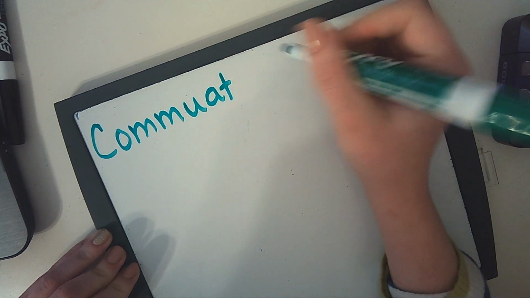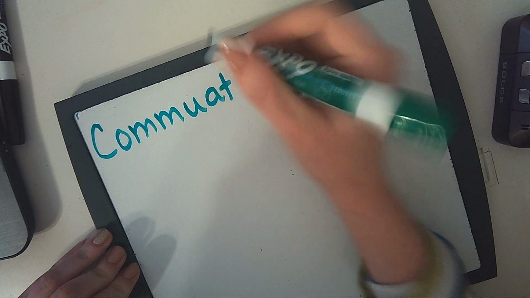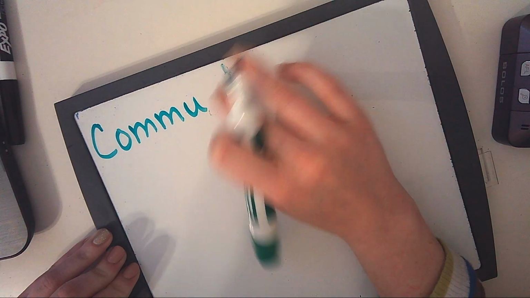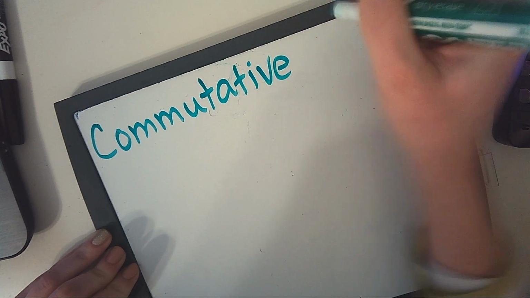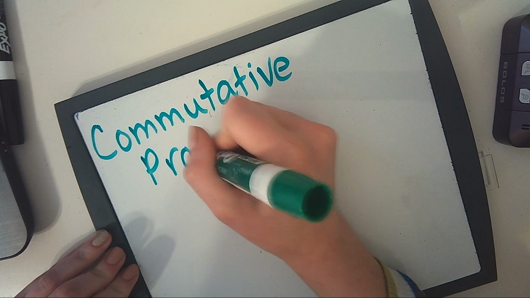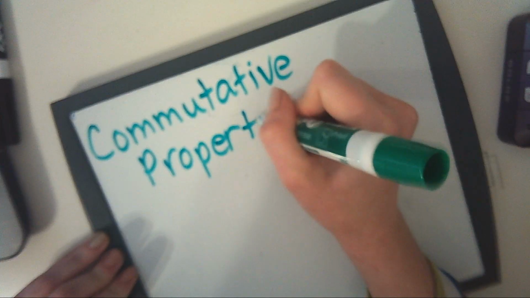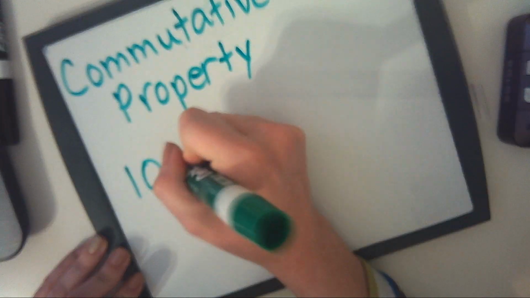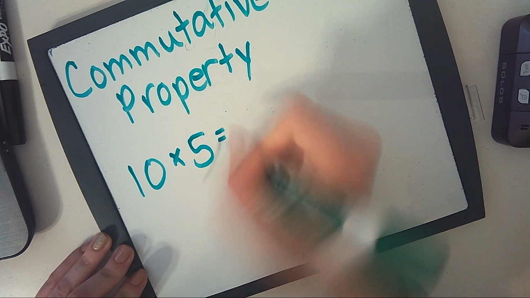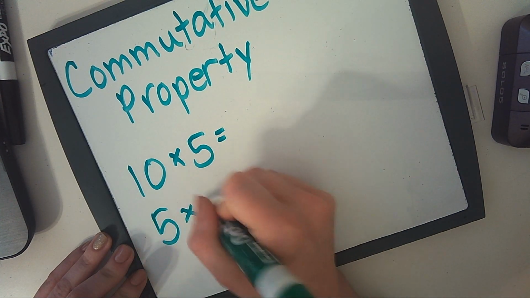So, for example, I feel like the one that most people remember all the time is the, can't forget how to spell, Miss Landis, commutative property, which says that we can multiply in any order and still get the same answer.